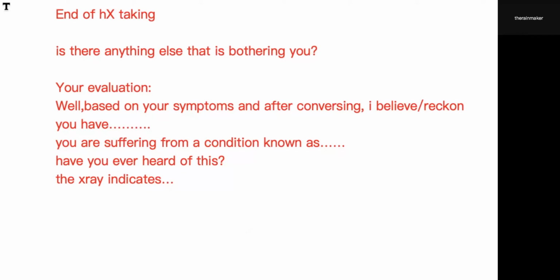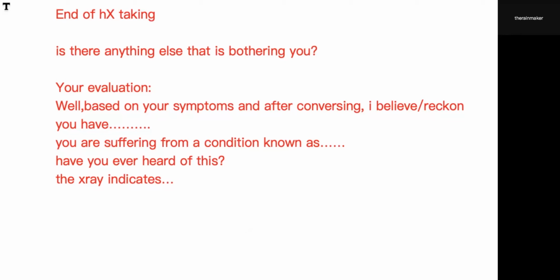Then you can talk, it is a condition that's caused by this, caused by that. Or you can say, when you ask a question, so cholesterol, your cholesterol is very high. So can I ask you a few questions for clarification? Or you can say, by looking at your case note, by looking at your progress note, I've come to know that your height and weight is not in right proportion.